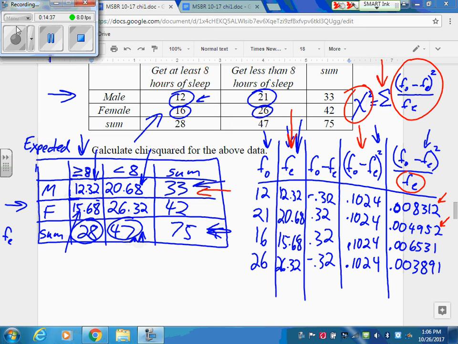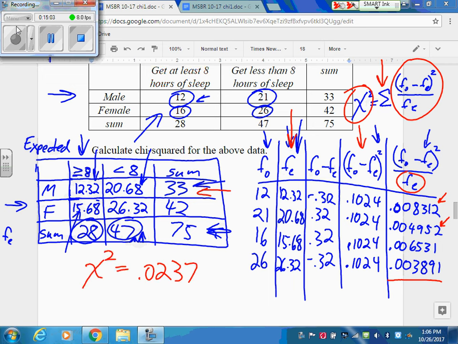So I only have four numbers. I've got the 0.008312, the 0.004952, the 0.006531, and the 0.003891. And I'm going to add all those together. And when I do that, I get 0.0237. And that is my chi-squared value.